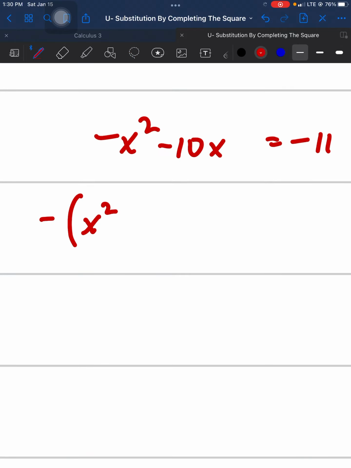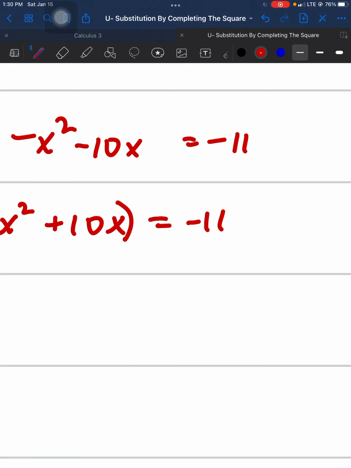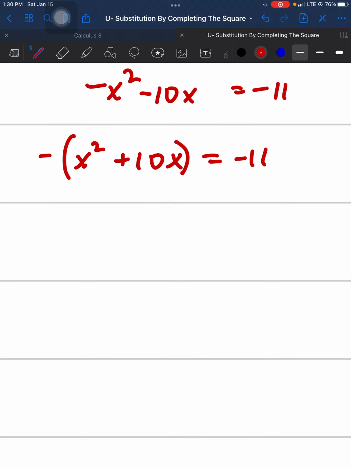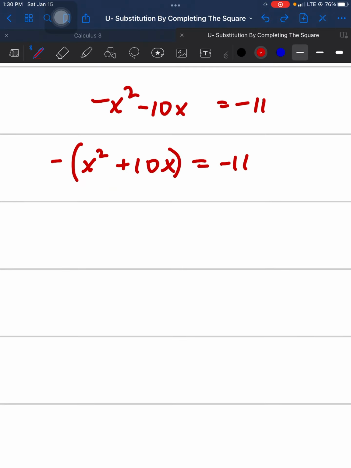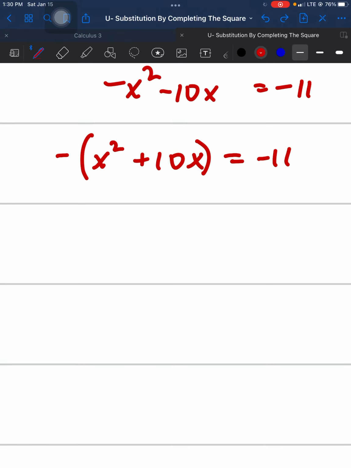So let's factor out this negative sign first. So x squared plus 10x, now it's equal to negative 11. And now let's complete the square with whatever's inside that parentheses. The negative sign was messing up the process a little. So let's take out that negative and then just add it in at the end.